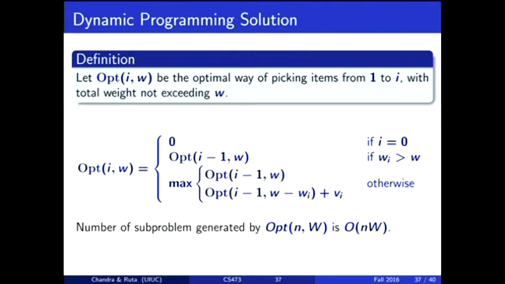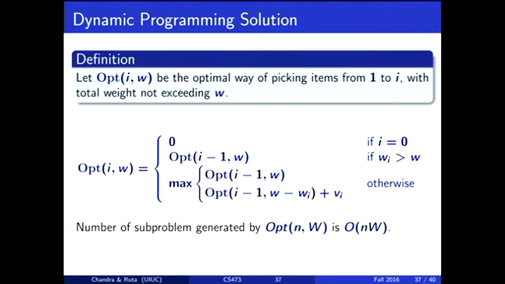And then it's obvious, right, from the way we wrote it, what is the number of sub-problems if we start with the knapsack of size n and capacity W. What is it? Well, from the syntax, it is of the form opt of i, small w, right? How many of them are there? The first parameter is of size, how many things are there? n, and the second parameter is capital W, right?